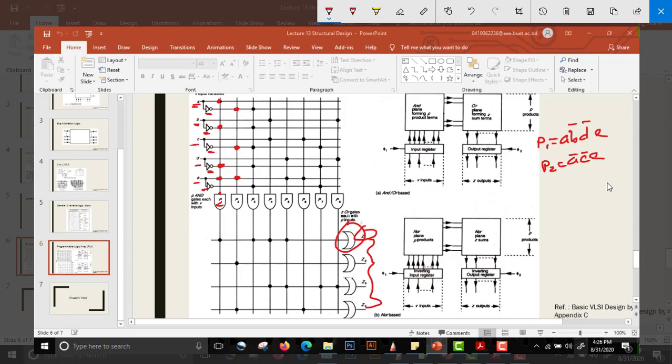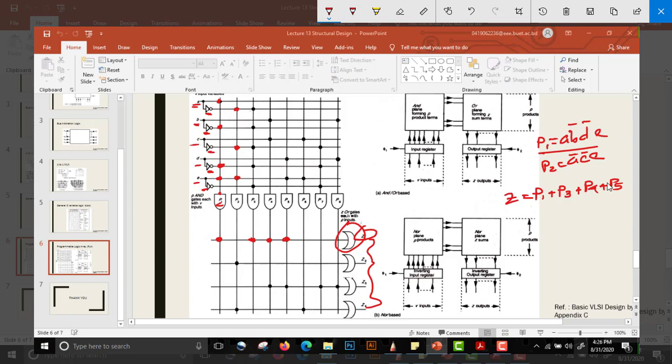That is, our Z1 over here would be equal to P1 plus P3 plus P4 plus P5.